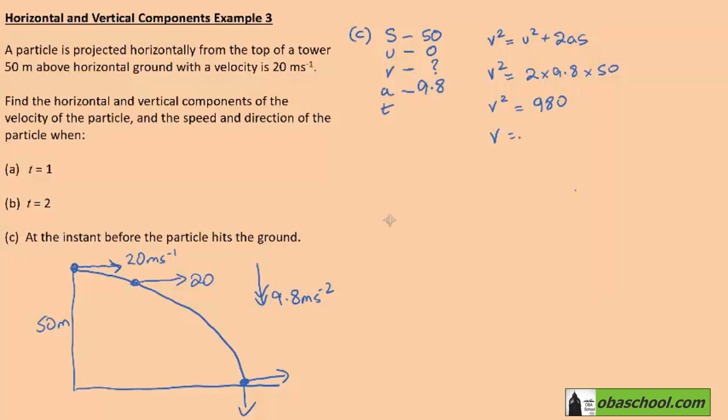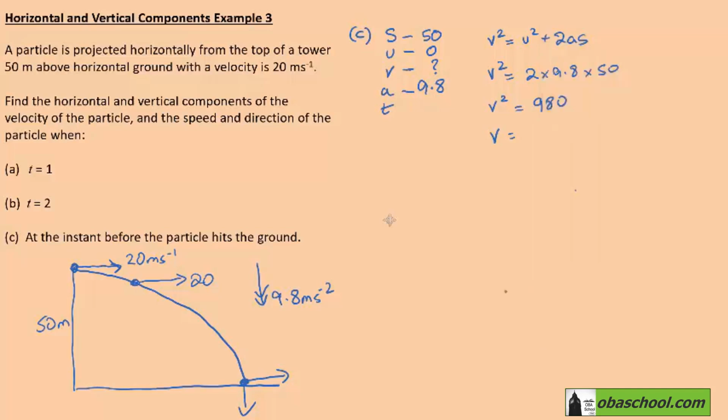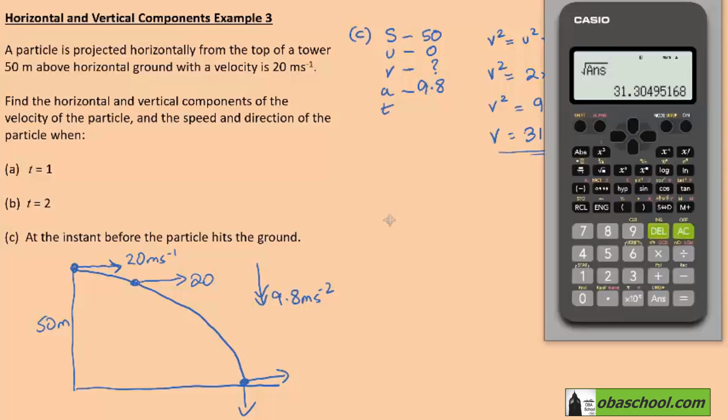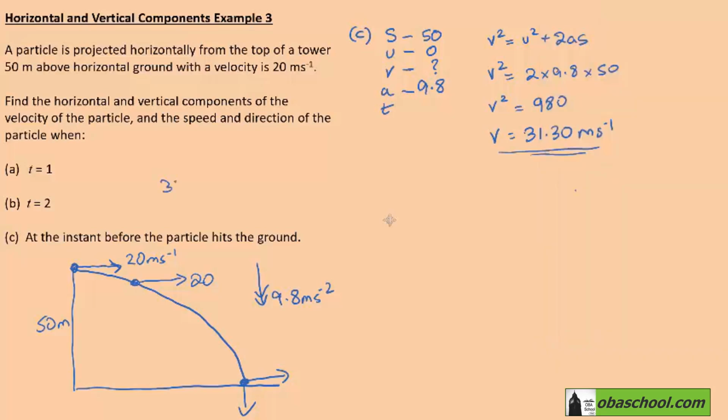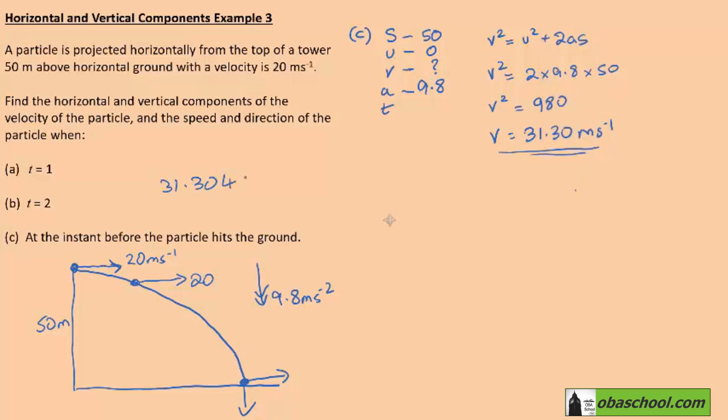And so v is the square root of that, which is 31.30. If I'm going to give final answers to two decimal places, I would probably make a note of a few more decimal places there: 31.30495.